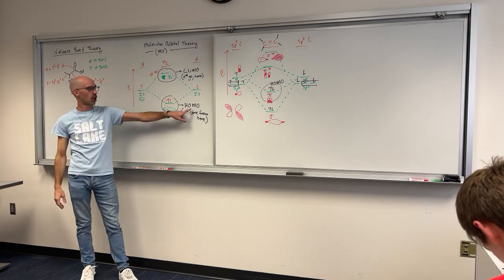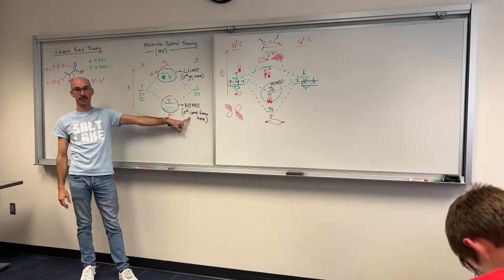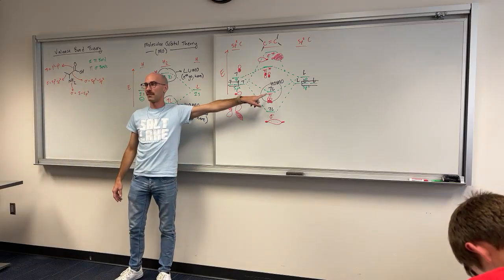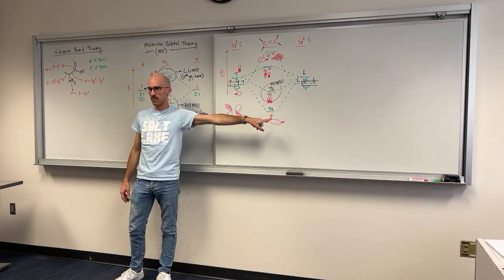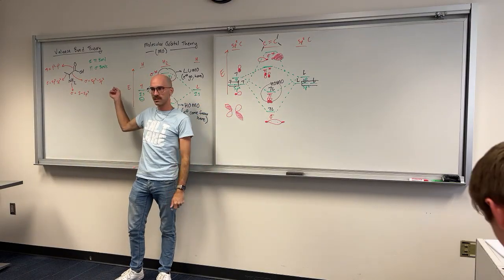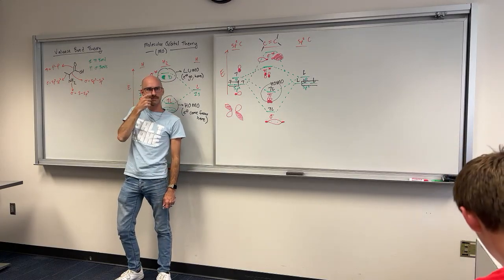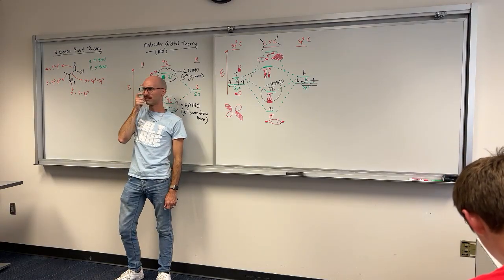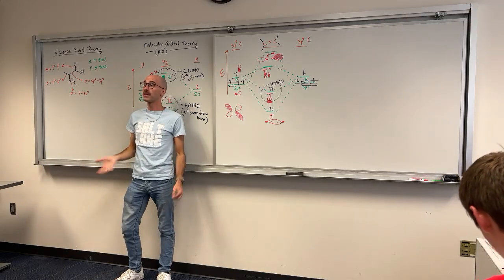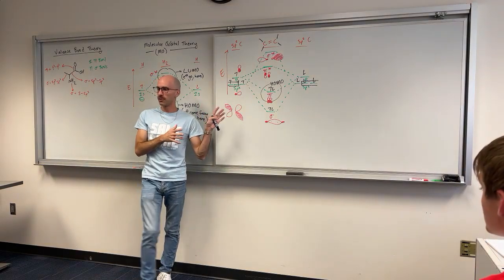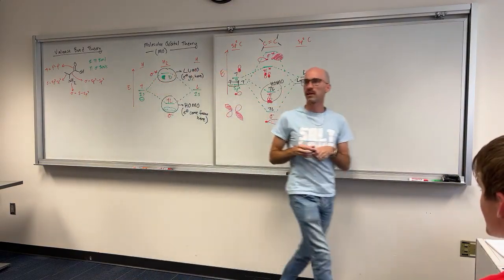So remember, HOMO, electrons come from here. Pi bond breaks before the sigma bond. Does Lewis dot structure tell you that a pi bond breaks before the sigma bond? No. You just have to know it. MO theory tells you that a pi bond breaks before the sigma bond.